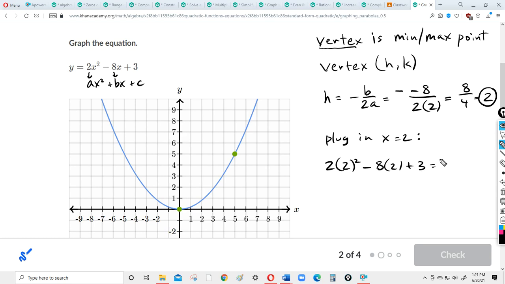It's going to be 2 times 4 minus 16 plus 3. That's a negative 5. So that's your value for k, which is the y-coordinate of the vertex. So the vertex is going to be 2, negative 5.